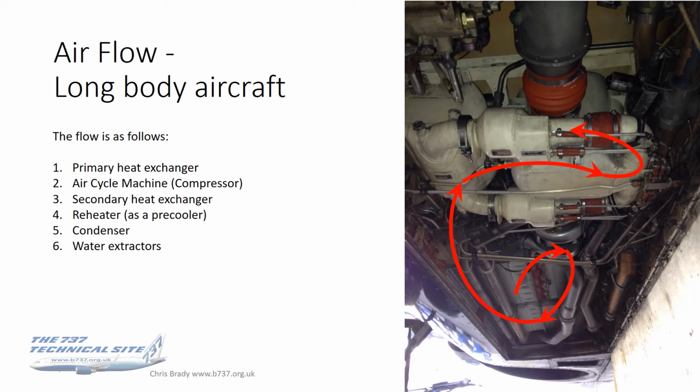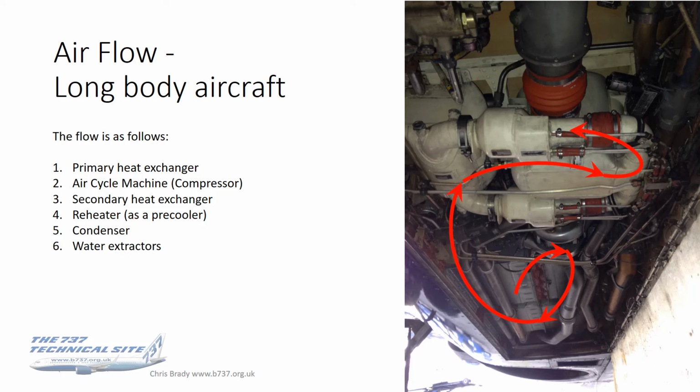That ram airflow causes that water to evaporate, and in doing so, it cools the air. So Boeing have cleverly used that excess water from the water extractors to further cool the ram air flow, which is particularly useful on the ground, where the ambient air might be quite warm.